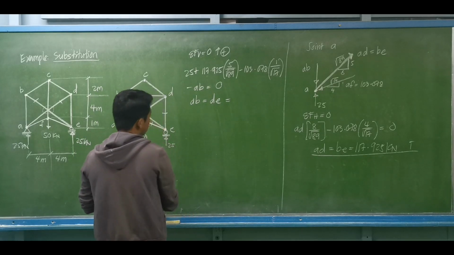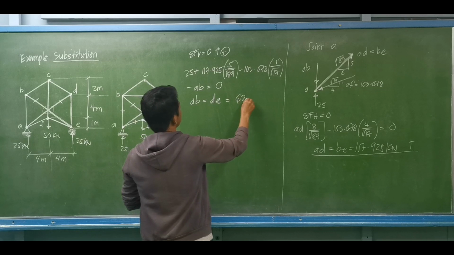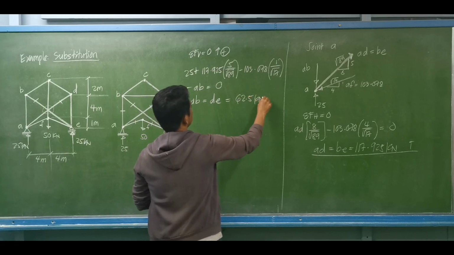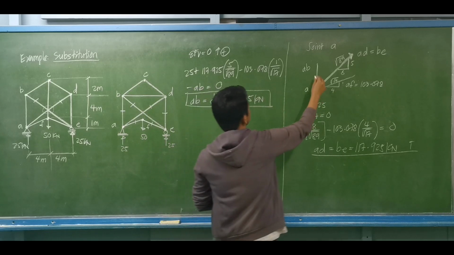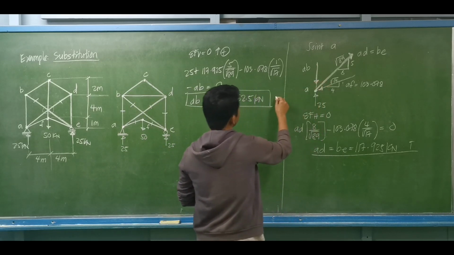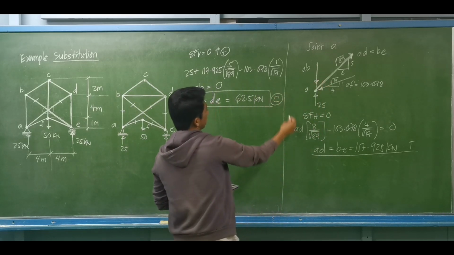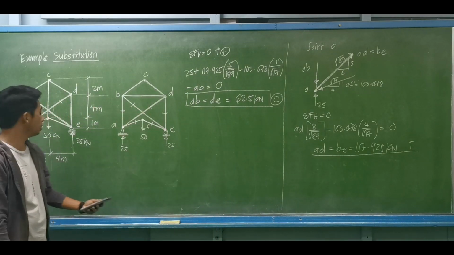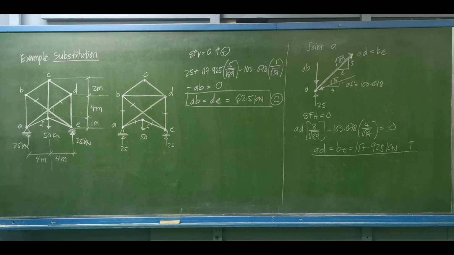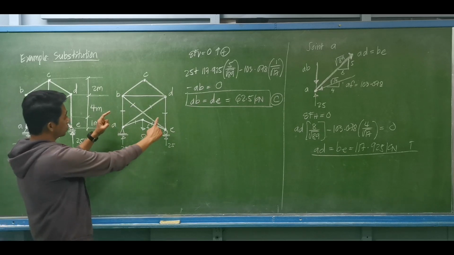That will be equal to 62.5 kilonewtons. And as you can see, the direction is towards the joint, so this will be under compression. So AB and DE, they are under compression. Okay, so we are able to compute for these two.